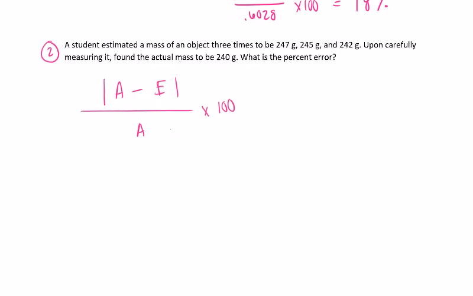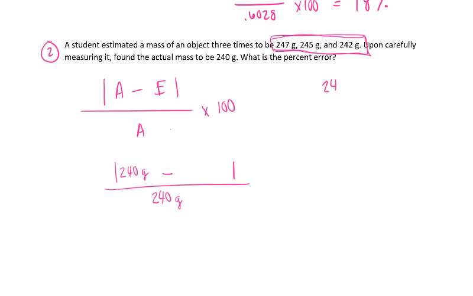So our actual value is absolutely 240 grams. So I know the first part of my numerator. But do I just pick one of these random values, like pick the median of it? When you're given multiple pieces of data, you've got to take an average of it.